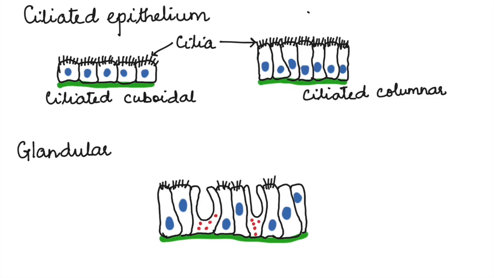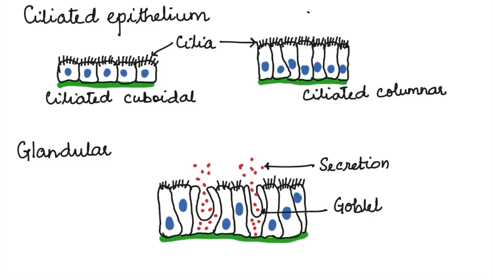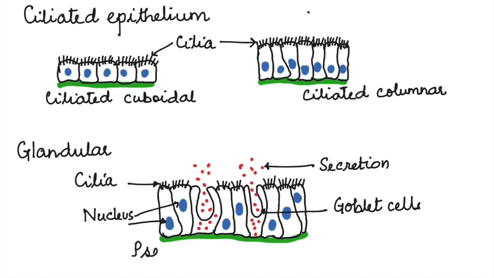And again they have cilia on the cells, so we show that the cup-shaped cells release their secretion into the lumen, and these cells are what we call goblet cells. The presence of the nucleus in two layers makes this appear as a pseudo-stratified epithelium. This is present in the trachea.